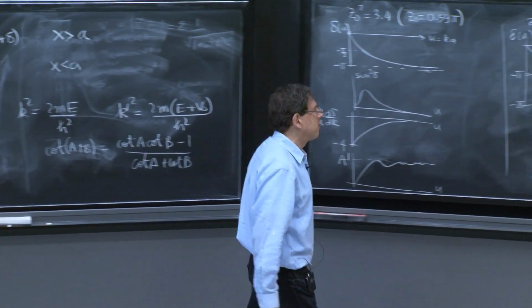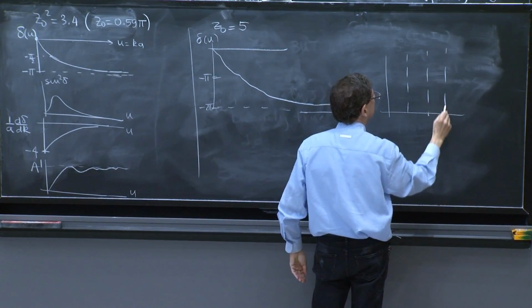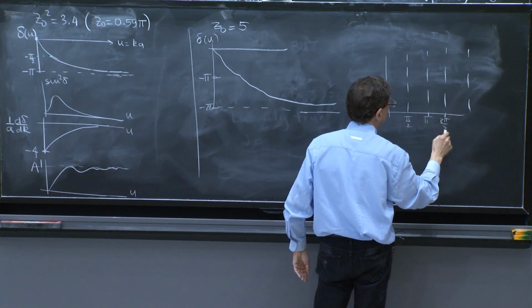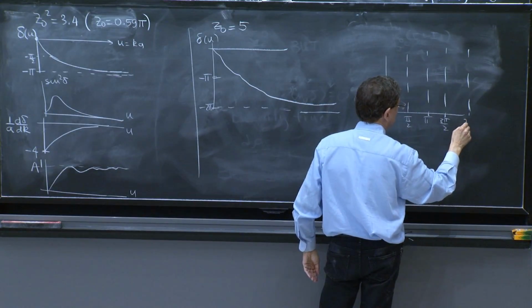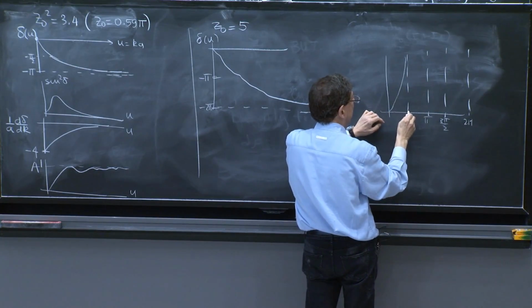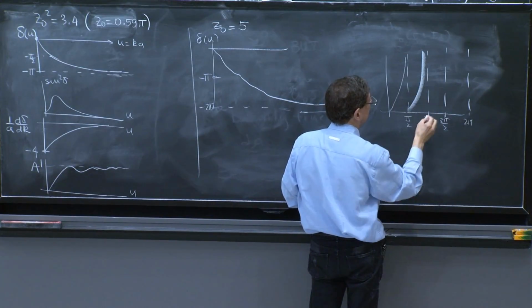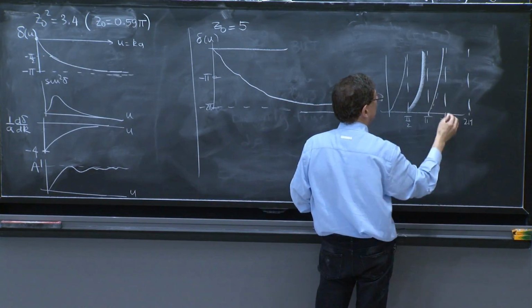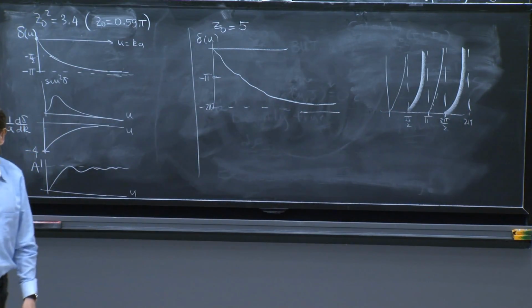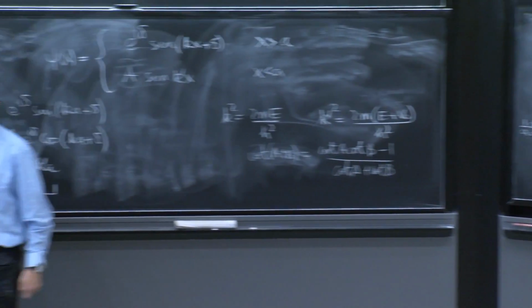And if you remember the plots that you would do in order to find the solutions, you have pi over 2, pi, 3 pi over 2, 2 pi. And here is the even solution, even. Here is the odd solution. I'll do it like that. Here is an even solution. Here is an odd solution. And I mark the odd solutions because we care about the odd ones, because that's what this potential has.